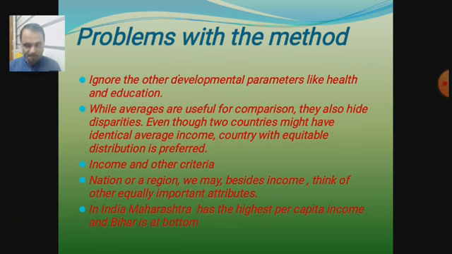Because every state's or every country's demography is not the same. Every state's, every country's resource availability is not similar. So that's why the method which the World Bank has brought had certain problems.